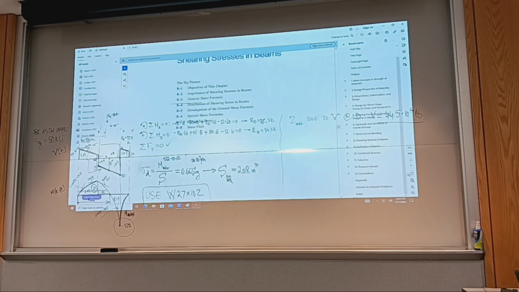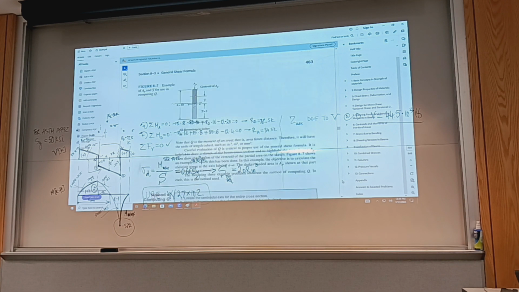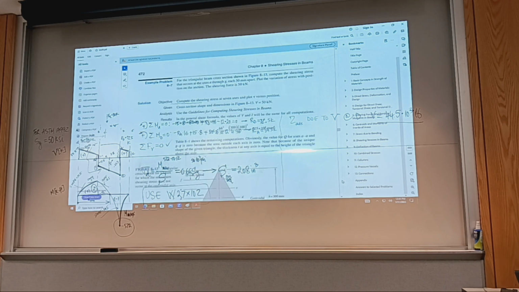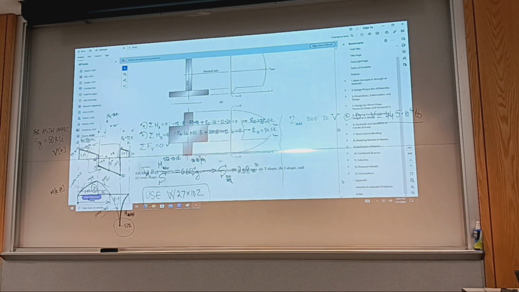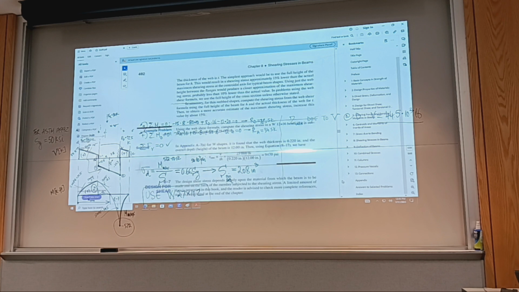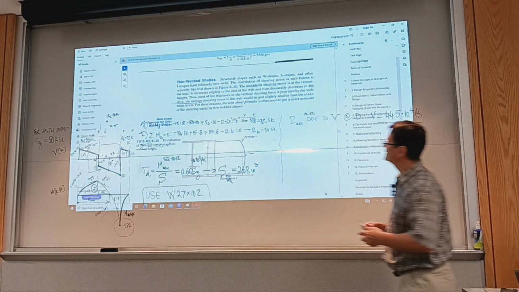Rotate. And remember, for I-beams, we have an approximate formula. So let's find that. Where is it? Okay, here it is. The distribution of shear stress in a thin web shape is our case.